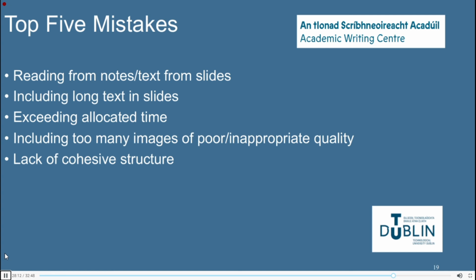We already made reference to this idea of exceeding the allocated time, and a different idea is cluttering your slides and your presentation with too much text, too many slides, sometimes too many images, and sometimes those images not being appropriate to the setting or to the topic explored. And finally, this idea of not having a cohesive structure in your presentation.